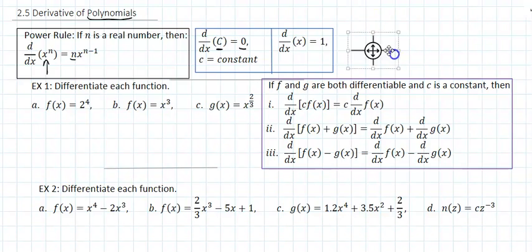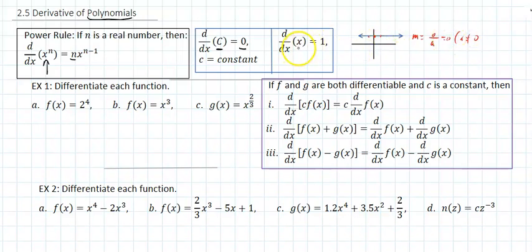If y equals c, that's the graph of a horizontal line, and the slope of any horizontal line is: you don't rise, you don't go up or down, but you move to the right or to the left, and 0 over any non-zero number is 0.